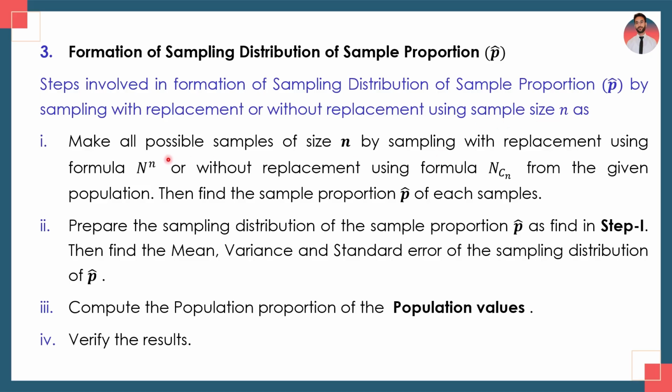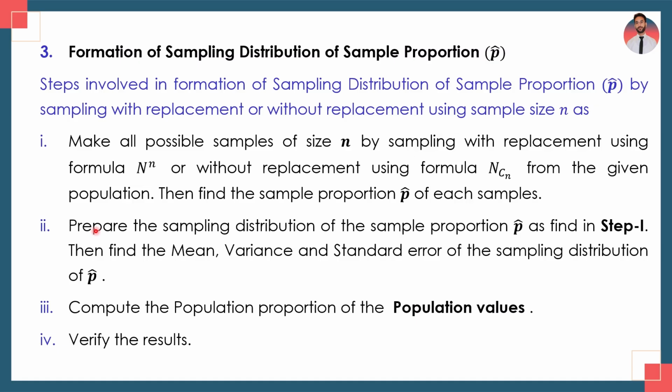In the first step, make all possible samples of size n from the given population by sampling with replacement using the formula capital N power small n, that is, population size to the power sample size, and without replacement using the formula NCn, combinations. Then find the sample proportion p hat of each sample.